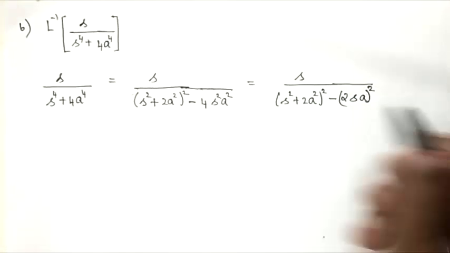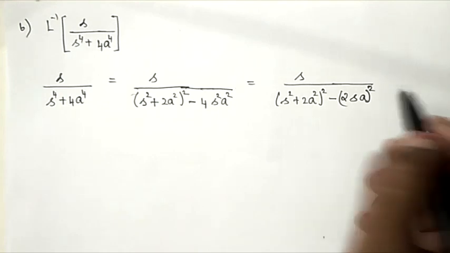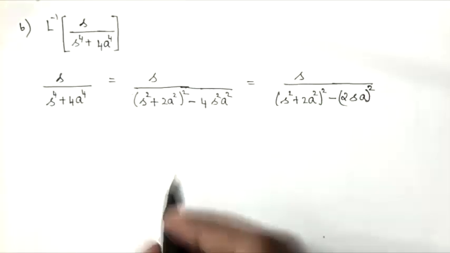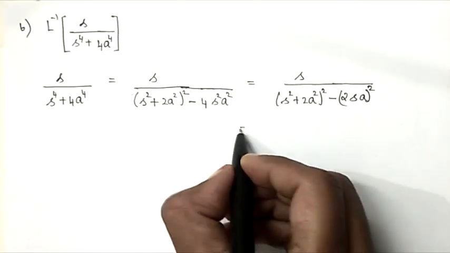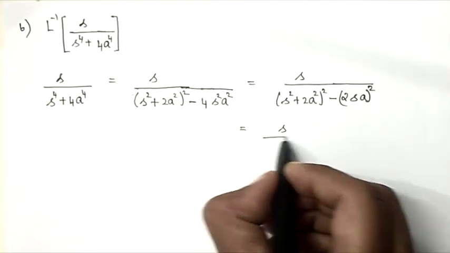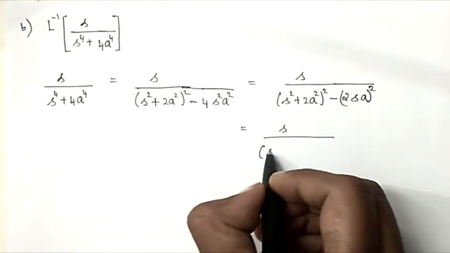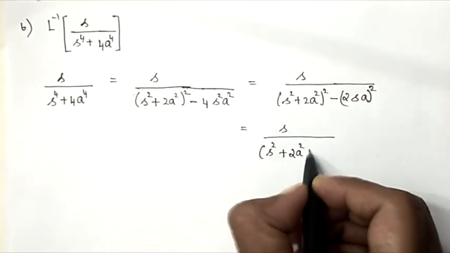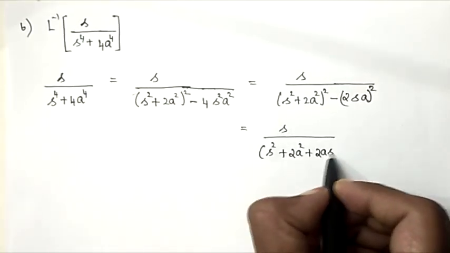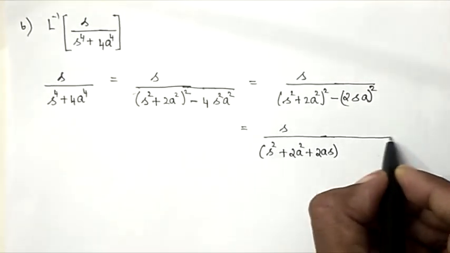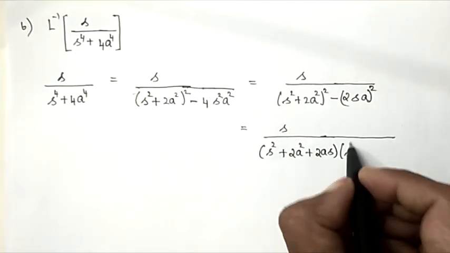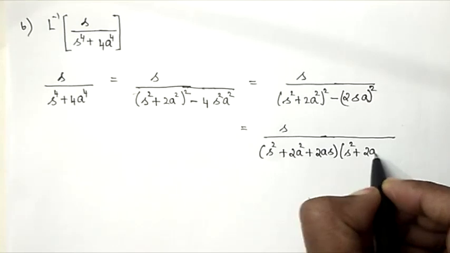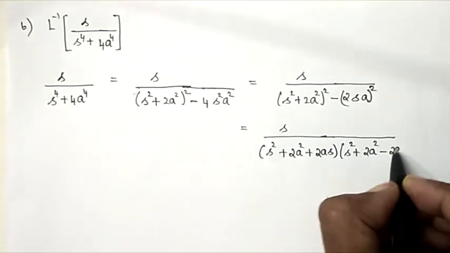A square minus b square can be written as a plus b into a minus b. I can write this as s divided by s square plus 2a square plus 2as into s square plus 2a square minus 2as.